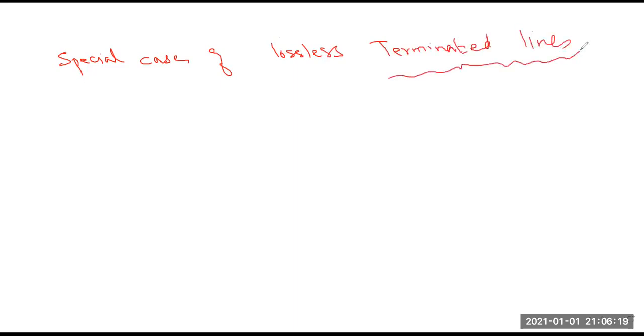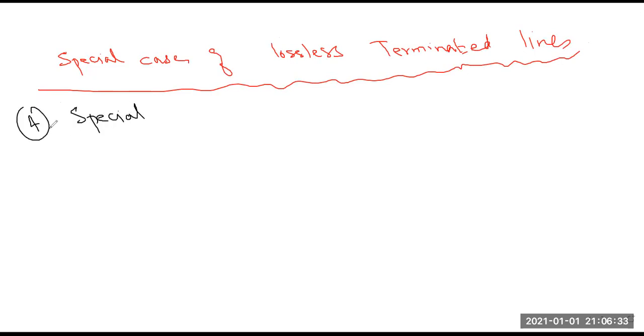Now let's talk about some special cases of lossless terminated lines. So in the first case, I will talk about special lengths.